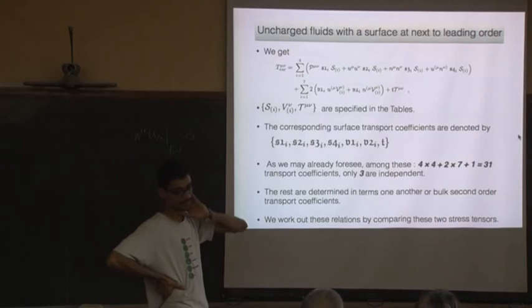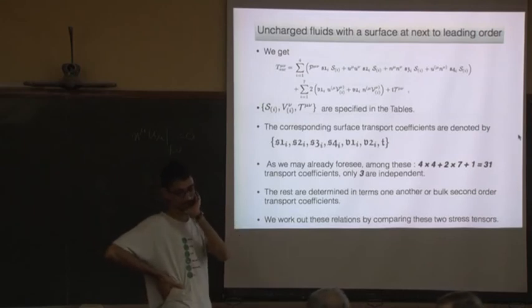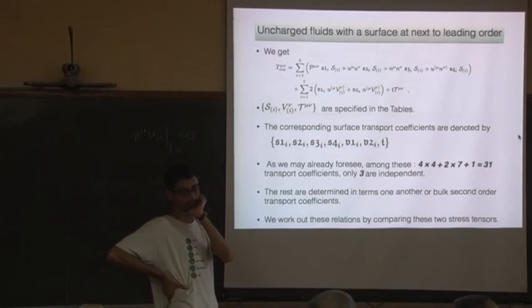Oh, I see. Just to understand, sorry, I'm only slowly catching on. Had you not known about the partition function story, but you just took this stress energy tensor and in addition said there should be an entropy current, and then demanded its divergence be less than or equal to zero, it gives you some inequalities.